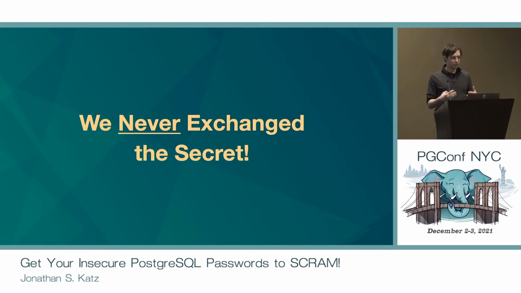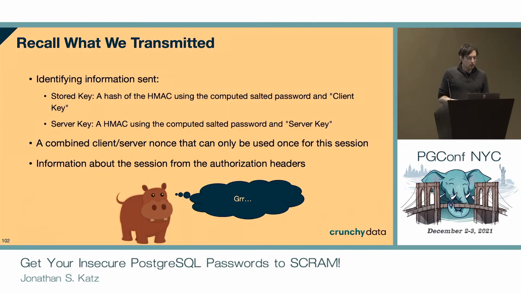This is also why I try to emphasize this is a general purpose authentication method. You can use this in your own applications. Here's all that we transmitted. At the beginning, we transmitted the stored key and the server key, but the way we did this is that we put it into a hashed, cryptographically secure method.